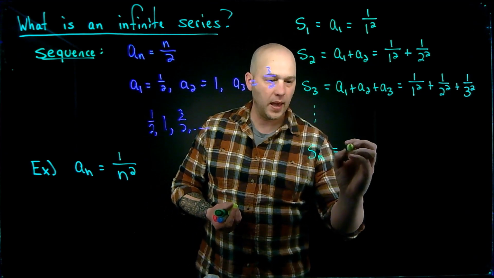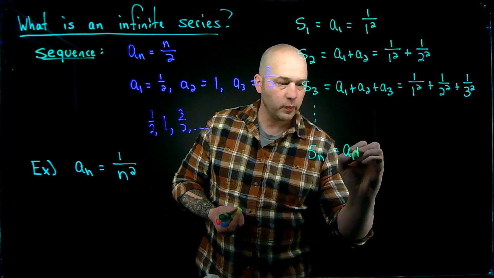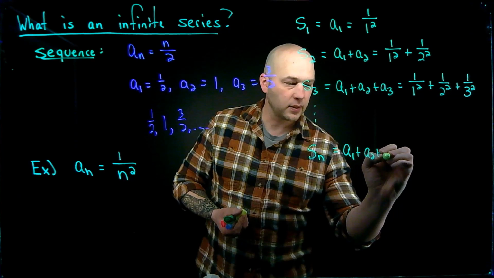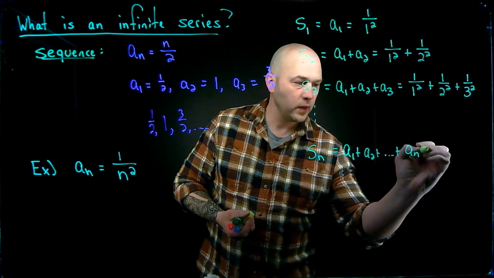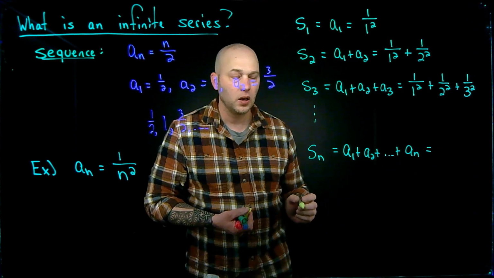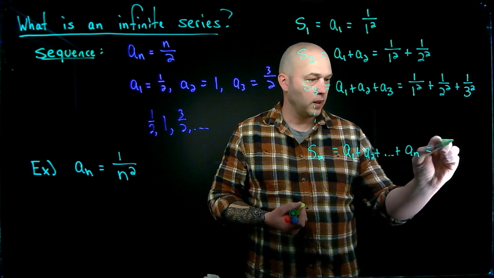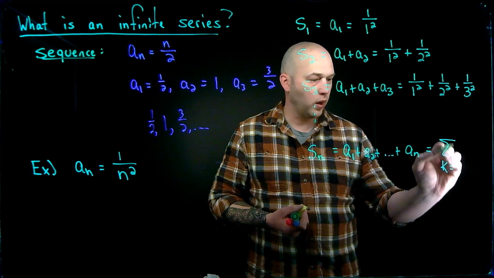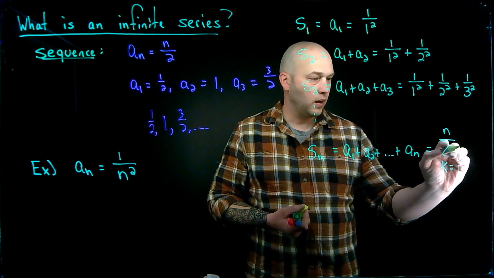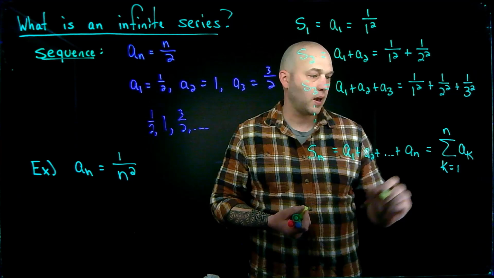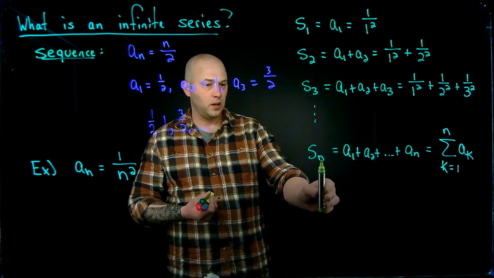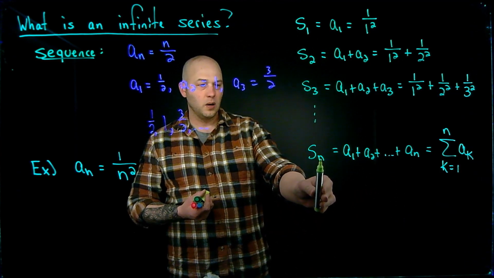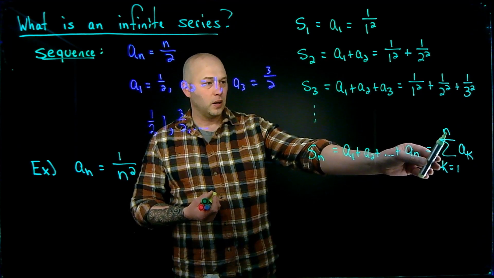Therefore, S sub n would be A1 plus A2 plus ... plus A sub n. And of course, we can write this using summation notation, as the sum from k equals 1 to n of A sub k. Okay, so notice that the subscript here is the upper index value.